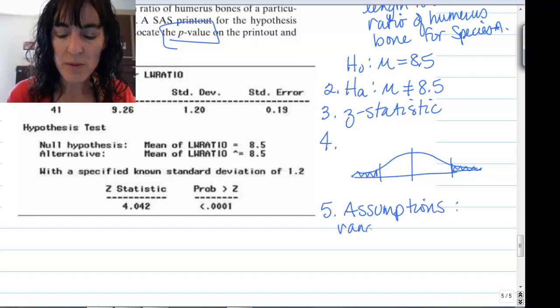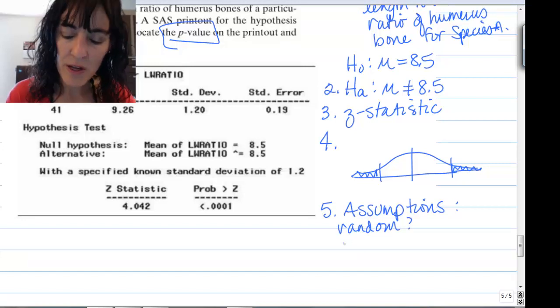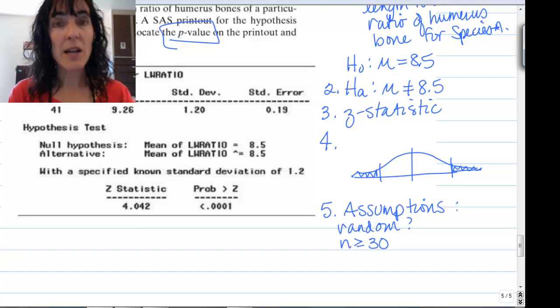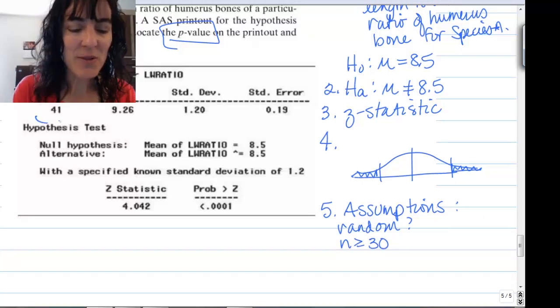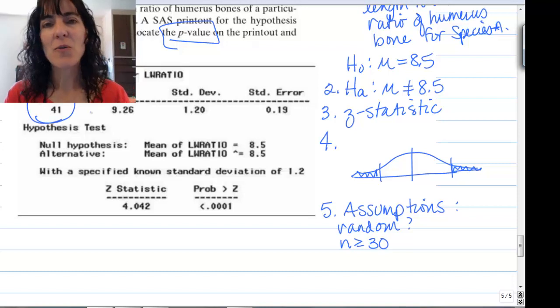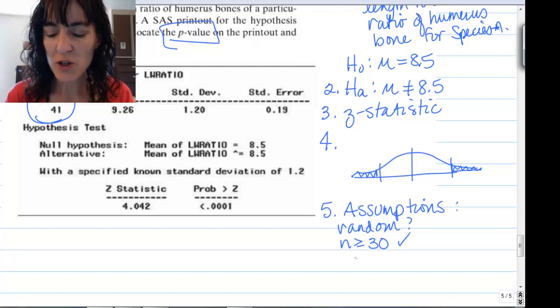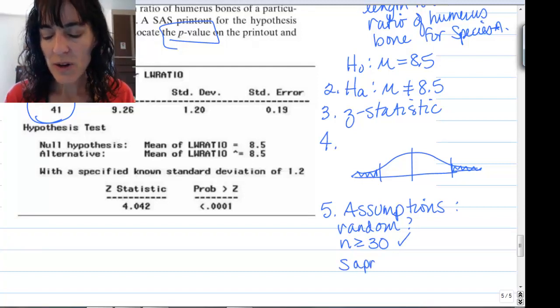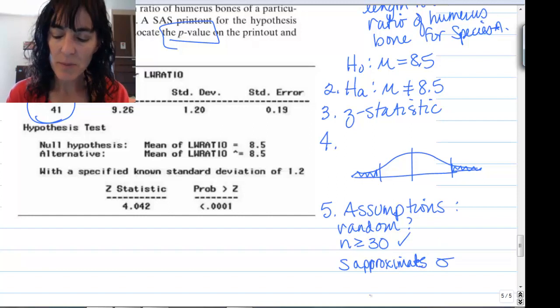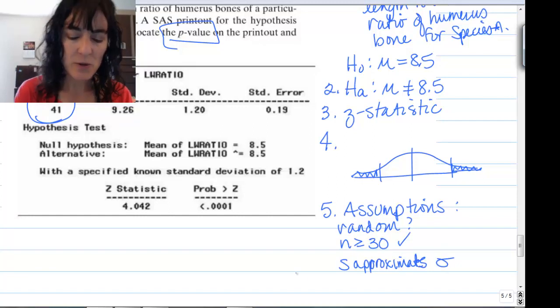We're assuming a random sample, and we don't know for sure, and we're assuming n is greater than or equal to 30. And I'm wondering if that's true, and I can see right here sample statistics for the length width ratio, and n is 41, so we know that's true. And then it looks like we're given an S, so S is going to approximate sigma, and so that will make that assumption too.